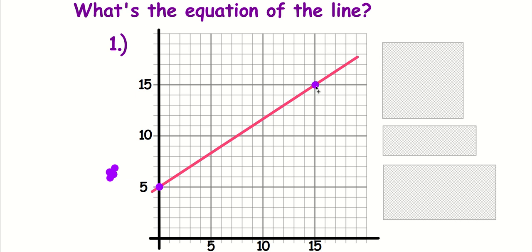So anyway, if you're trying to calculate the slope and you have to figure out points, the farther apart the better to get an accurate slope.